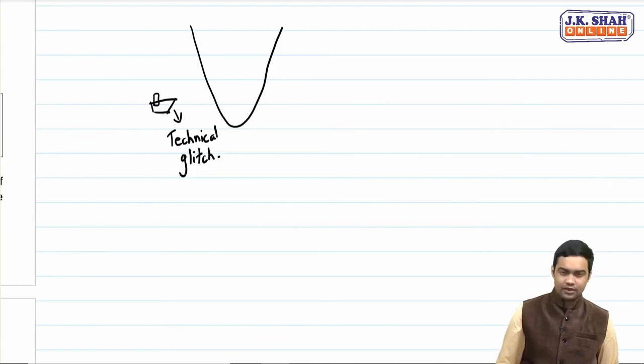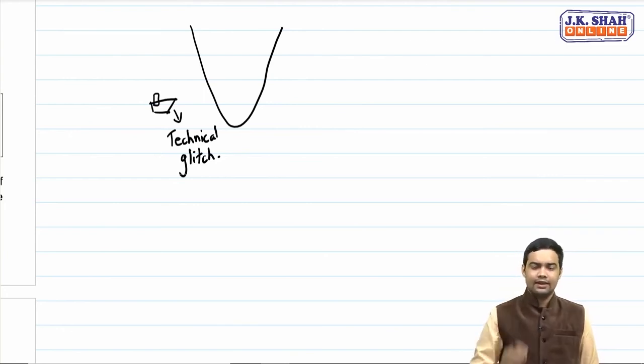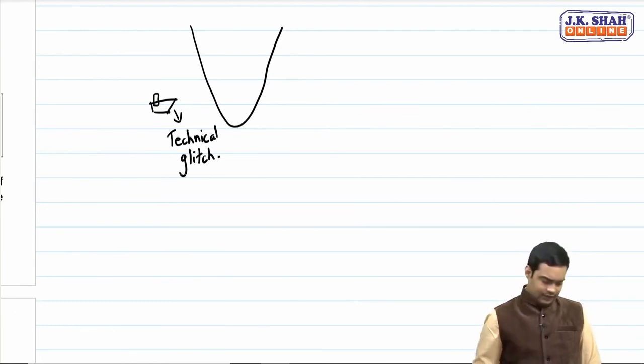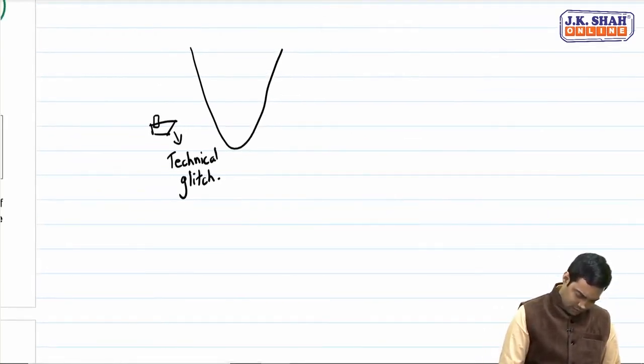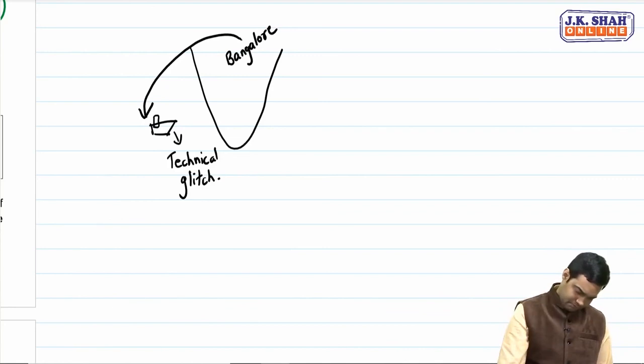There is an issue with the ship, and now the ship is stranded near Kerala. In such cases, from Bangalore, an engineer goes to this place and repairs the ship. So the service is repair of ship.